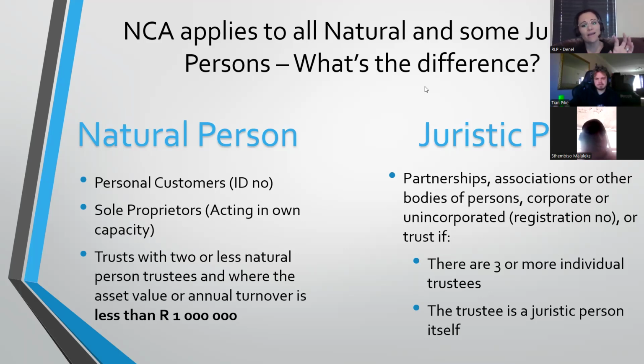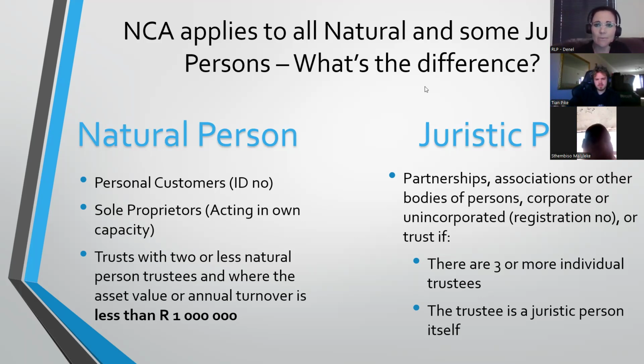Now they went and added one extra one. They say that a trust can also be considered a natural person, but there's a specific criteria. For a trust to be considered a natural person, it must be a trust with two or less natural person trustees, and where the asset value or the annual turnover is less than 1 million.